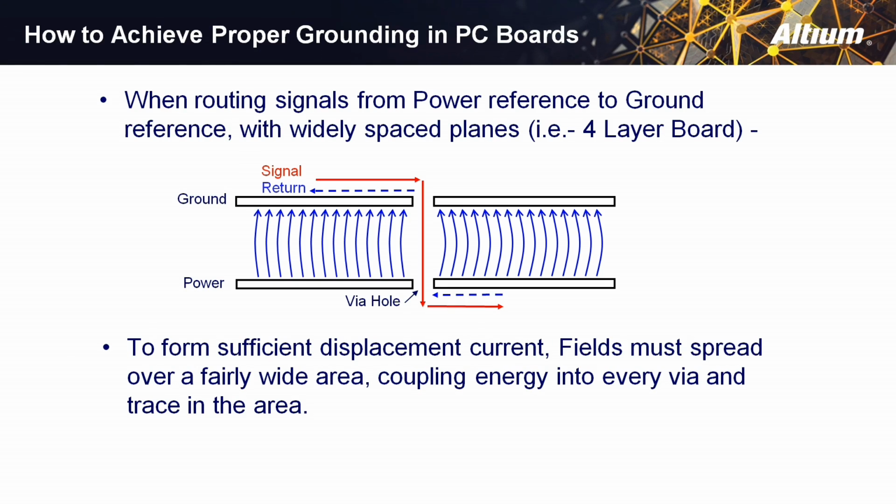And the truth is, at gigabit speeds, the spreading fields here don't cause enough harm to create an issue. Do you need return vias? Do you absolutely have to have planes close together when you're transferring signals like this in a very high-speed board if all you care about is signal integrity? No. But if you care about EMI, you really, really should think about this.